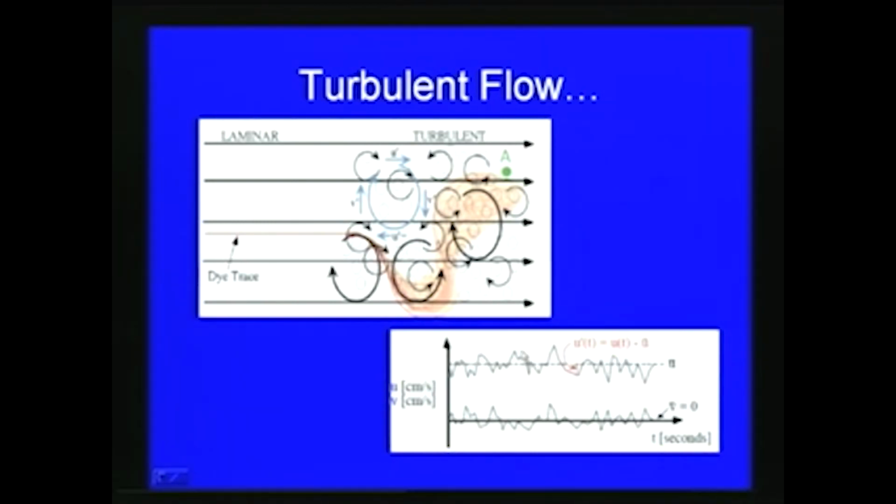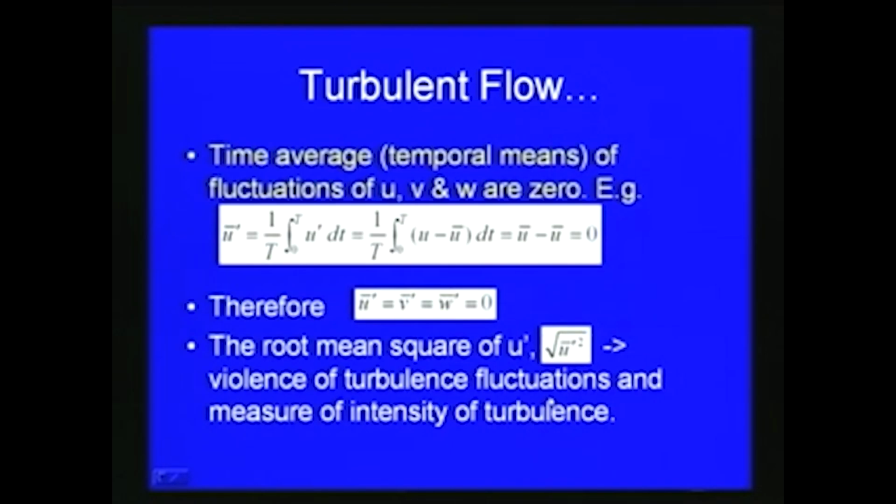There is a mean value of u, called u bar here, and the mean value of v in y direction, v bar, and we are expressing the turbulence with respect to this mean velocity. The fluctuations go up and down due to the various disturbances taking place in the flow. These are called the fluctuating components for u and v, and we express them as the mean component plus the fluctuating component.